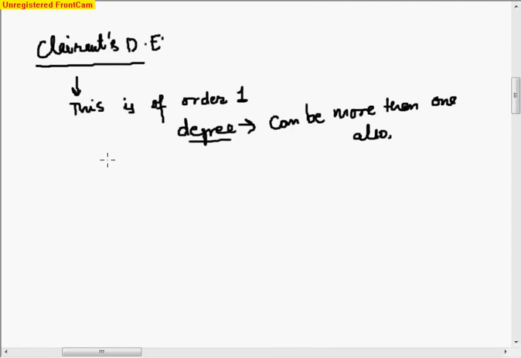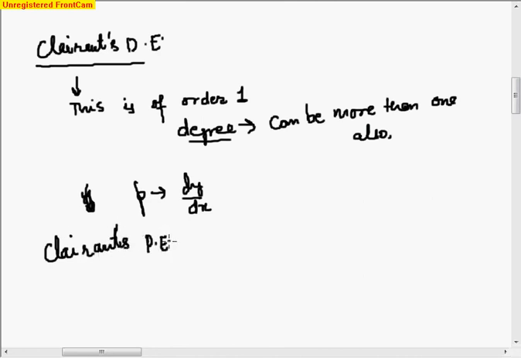So, what is Clairaut's form? If you call dy by dx as p, Clairaut's differential equation is y is equal to px plus some function of p, right?